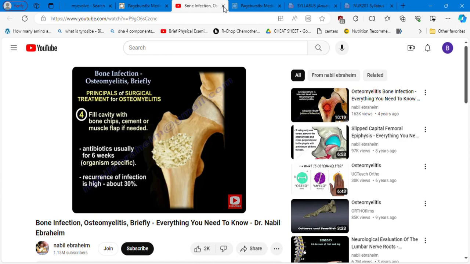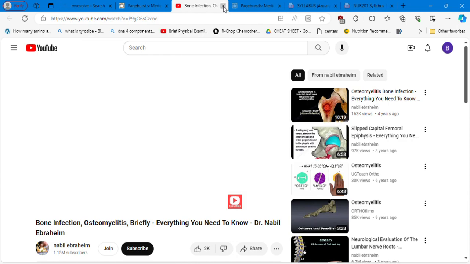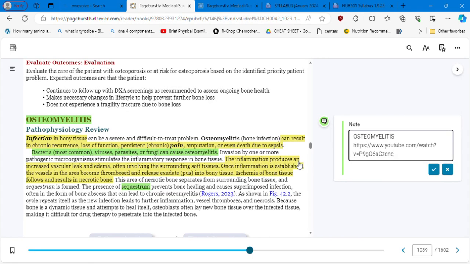Very good. So basically, this was a presentation on osteomyelitis. We see that osteomyelitis is an infection of the bone, and we saw that in this case, osteomyelitis could be caused by bacteria, viruses, parasites, or fungi.